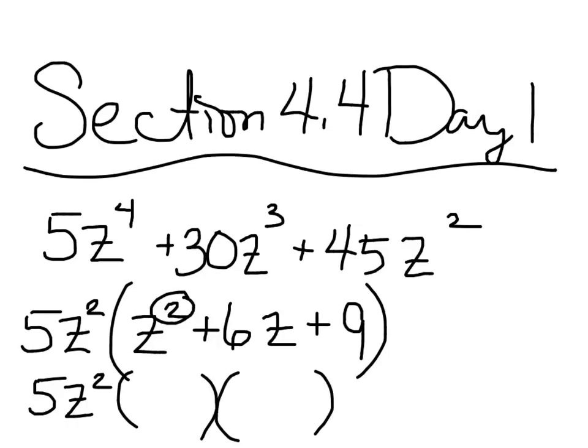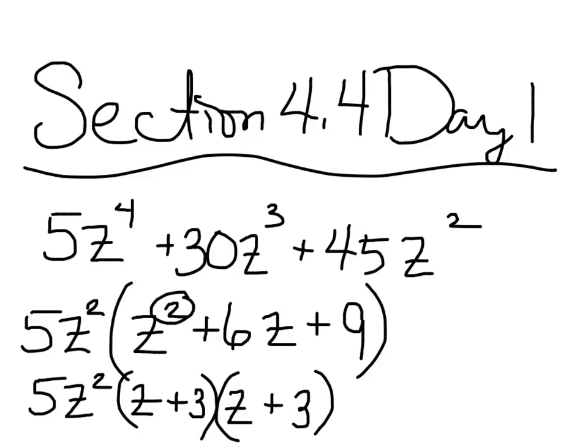What times what gives me z squared? z and z. What times what gives me 9, but adds up to be 6? Plus 3 and plus 3. Is there any more I can factor?